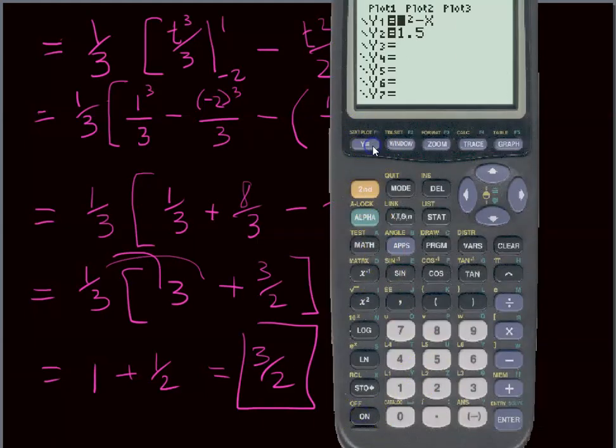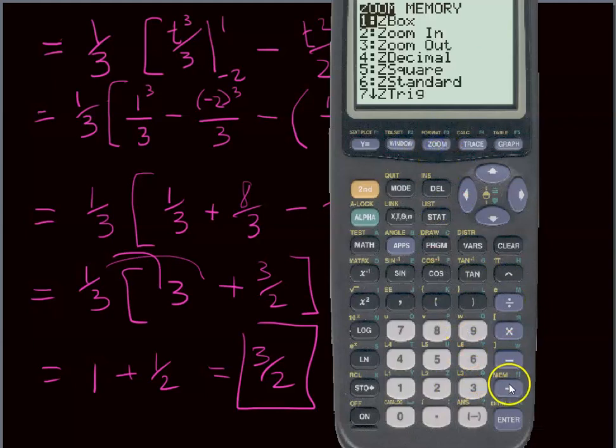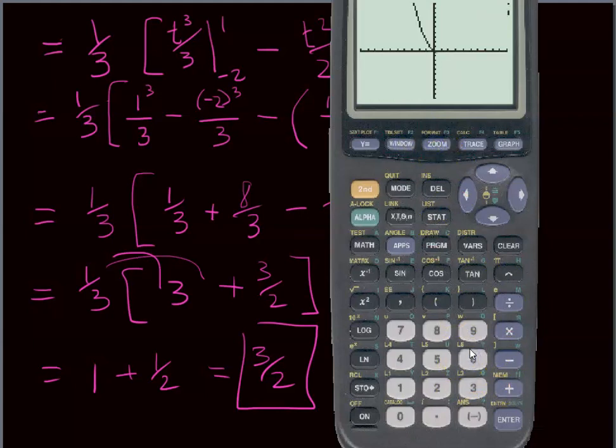Let's look at y equals. Let's clear that out. Maybe that was correct. This starts out with the t squared minus t, or we'd have to use x squared minus x. The window, if we do a zoom standard, let's do a zoom standard. Get that nice picture.